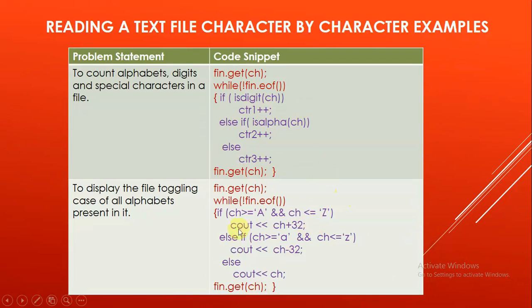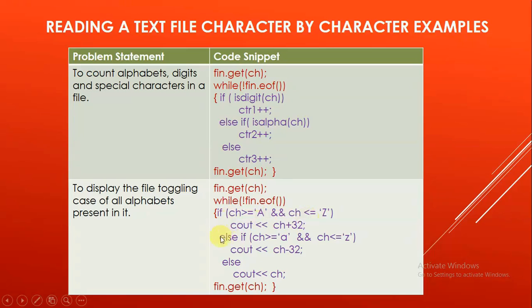I hope you know that the ASCII value of capital A is 65 and the ASCII value of small a is 97. So the difference between the two is 32. If I add 32 to any capital alphabet, it will become a small alphabet. So I am just adding 32 to it so that it will display in the form of a small alphabet.